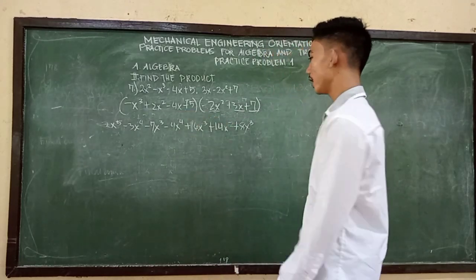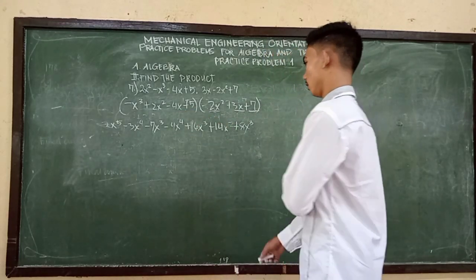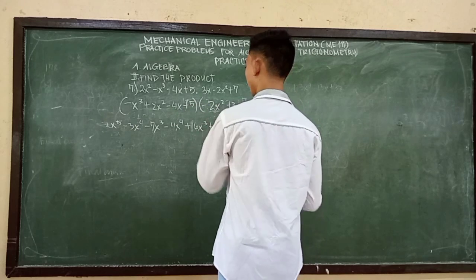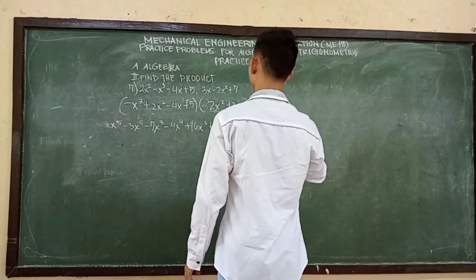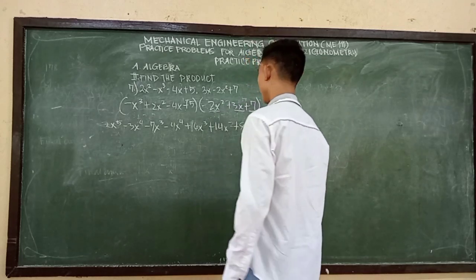And then negative 4x times 3x will give us negative 12x squared.